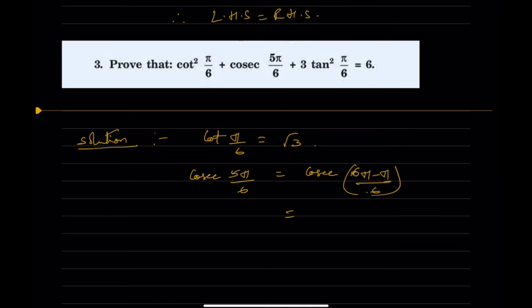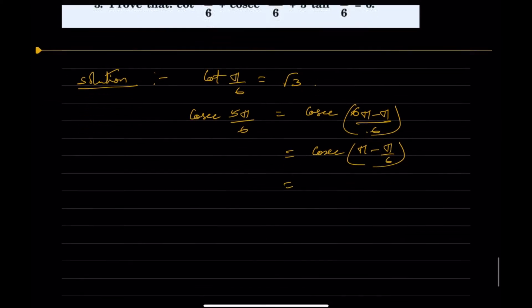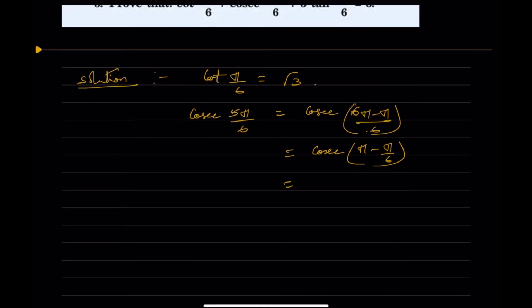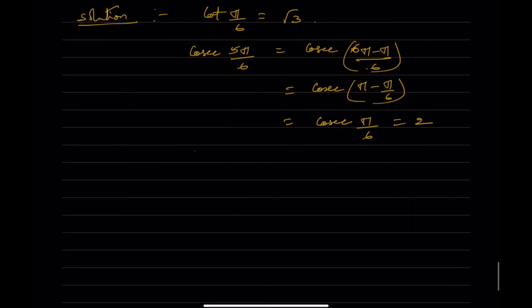So 180 minus theta, cosecant of 180 minus theta is again cosecant theta. Here you will get a positive value because it lies in the second quadrant. Therefore, here it will be equal to positive. So cosecant of pi by 6 will get over here, which is equal to 2.